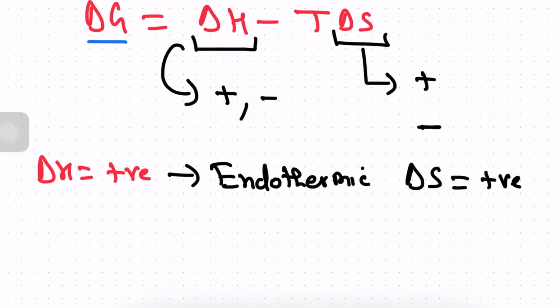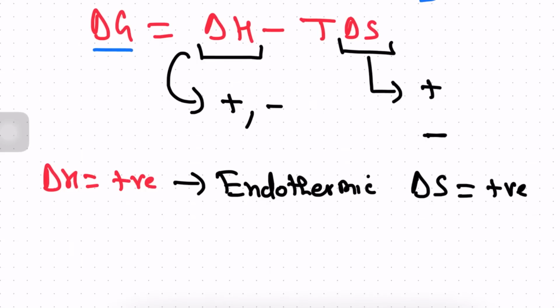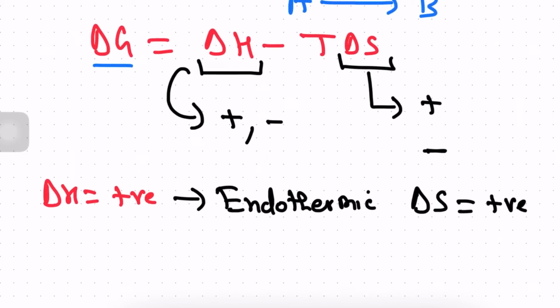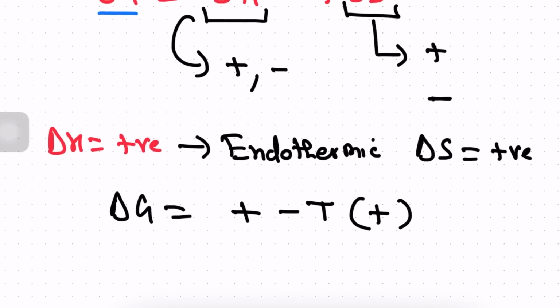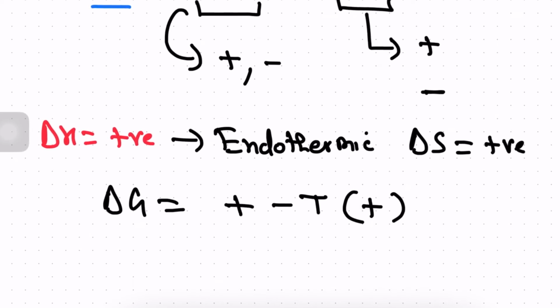In the relation delta G = delta H - T delta S, delta H is positive, and you put in the temperature, and delta S is also positive. Now you have to see what the net value of delta G is. I just want to give you an example.